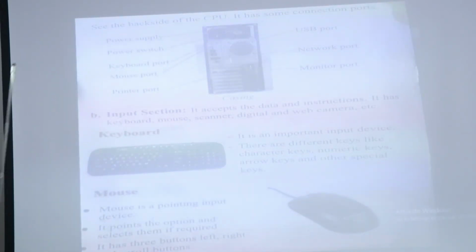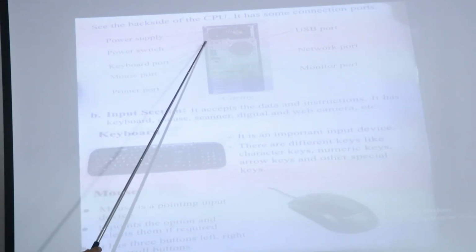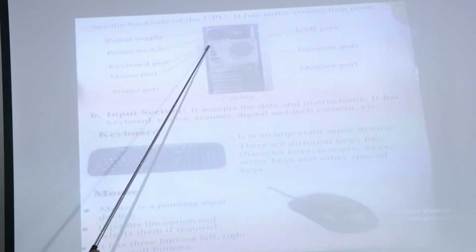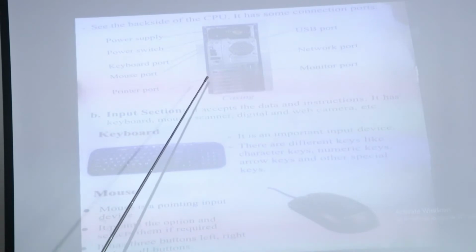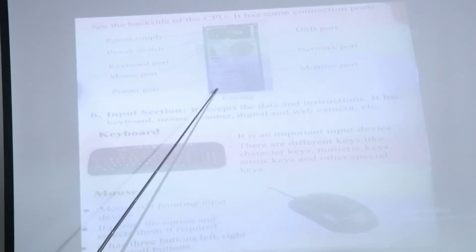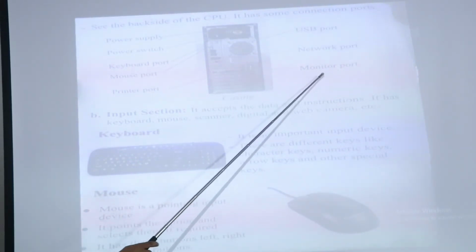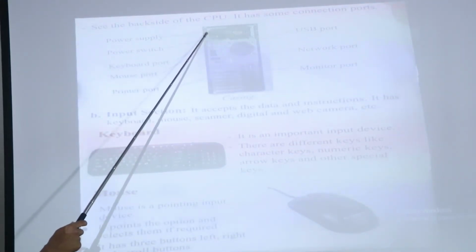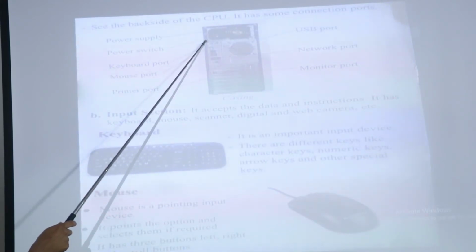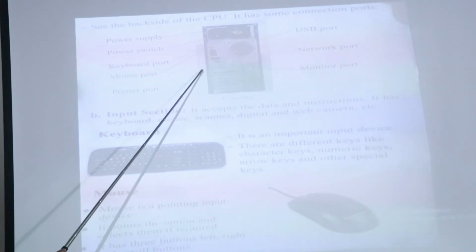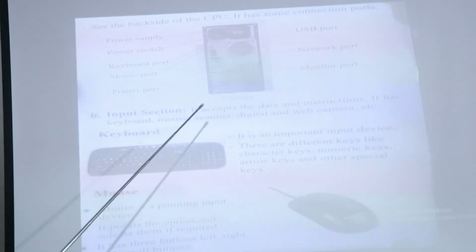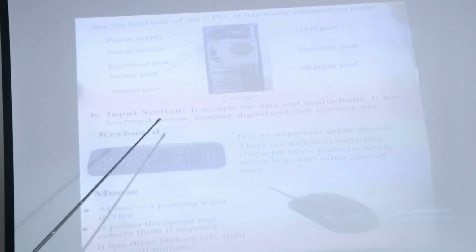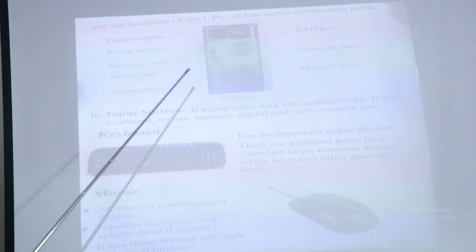This is the power supply, this is the power switch, this is the keyboard port, mouse port, USB port, network port, printer port and monitor port. This is the back side of the CPU.